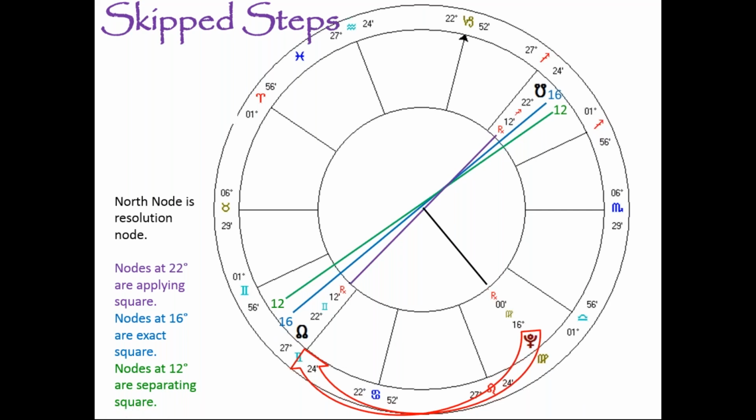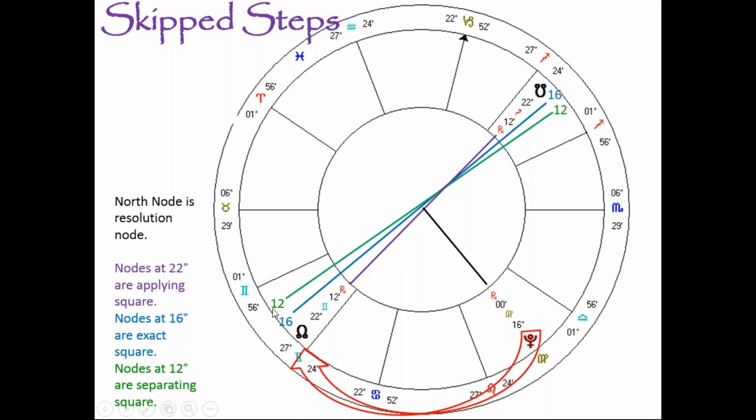If the nodes are applying squares to a planet, the skip steps are increasing and magnifying. It's the frustration of an applying aspect. If it's exact, it is intensified and highlighted, and that planet wants to solve that issue of jumping back and forth between those nodes.